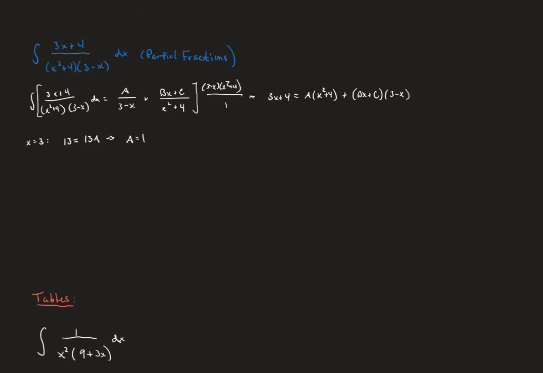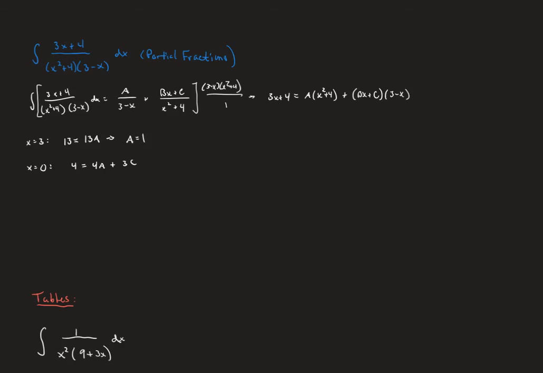Now it gets tougher because we don't have a really good choice, so let's try maybe 0 for x. So on the left side, we're going to get 4. On the right side, we're going to get 0 squared plus 4 is 4A, plus, the 0 will wipe out the B. And so we're going to get 3C, I believe.